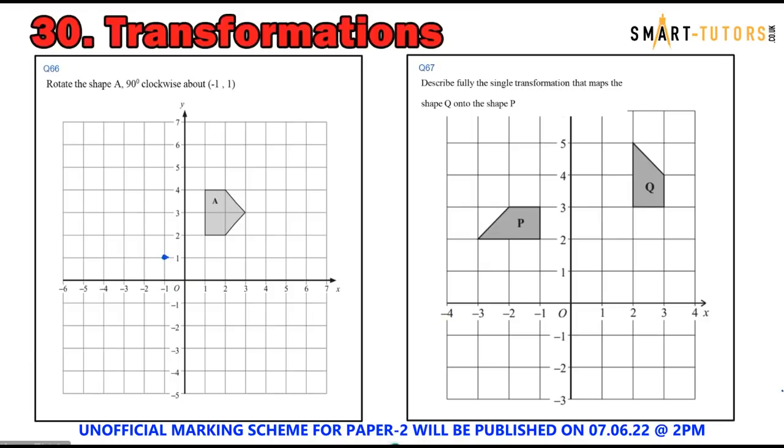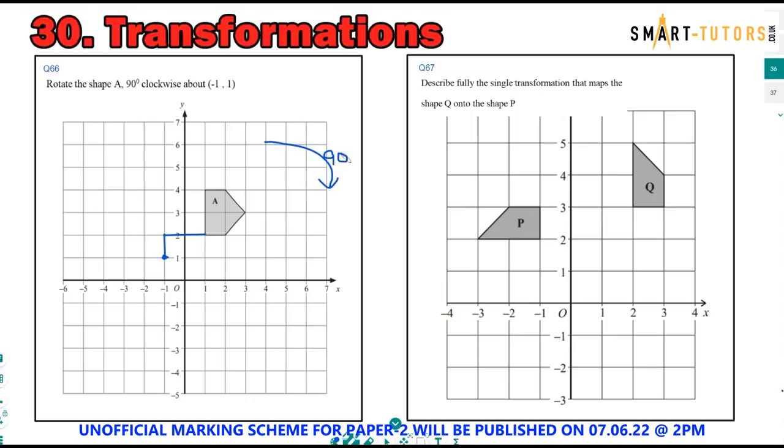However, we are going to be using a technique called counting the squares. So for example, the corner of this one is 1 to the up, 2 to the right, and the rotation is 90 degrees clockwise. So 90 degrees clockwise means this direction.